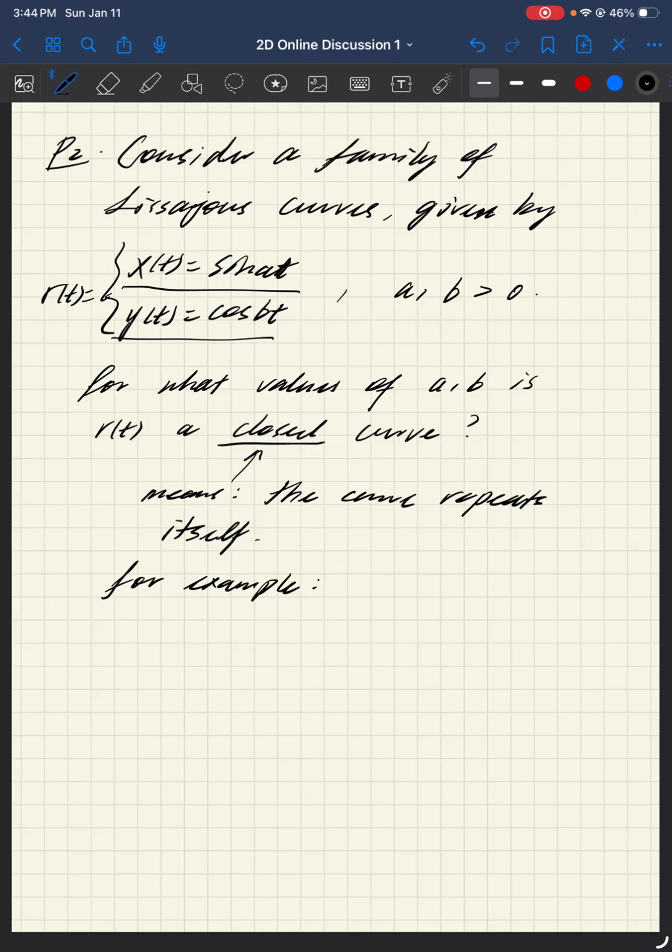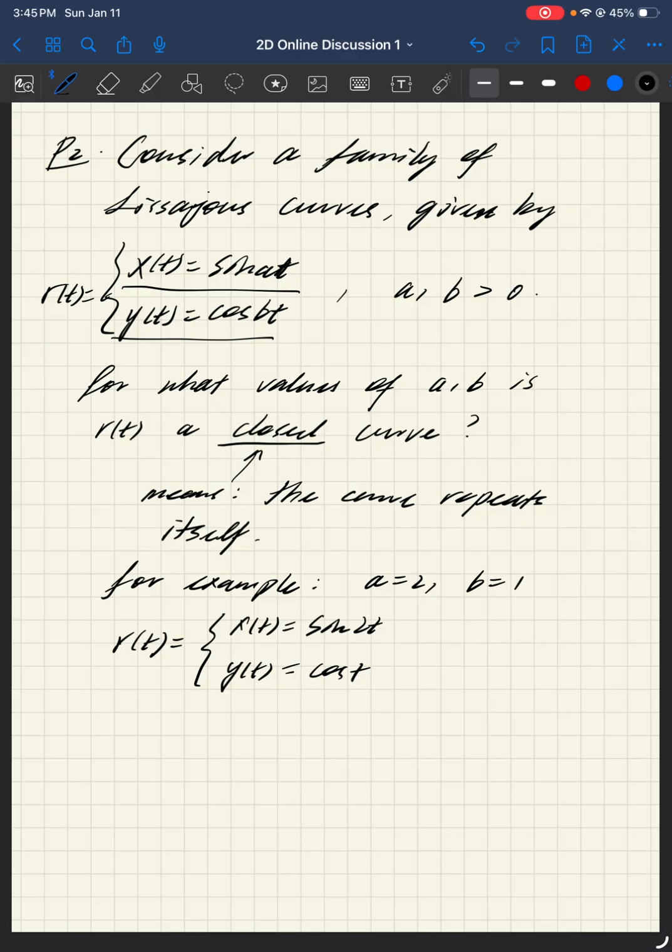we graphed actually in our first discussion in the first week, for a equals 2 and b equals 1. So this gives R(t) is x(t) equals sine of 2t, and y(t) is cosine of t.